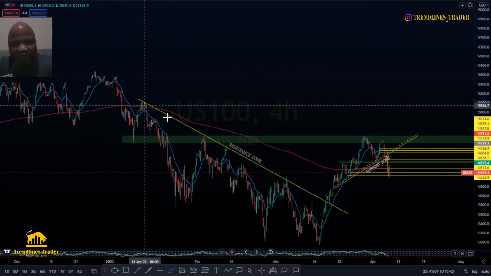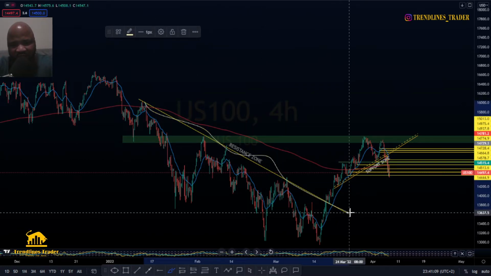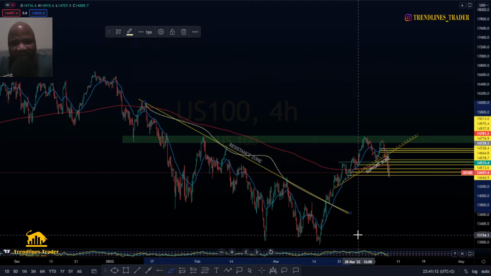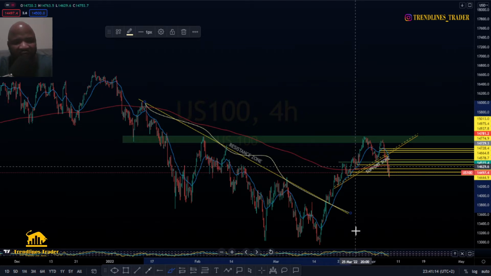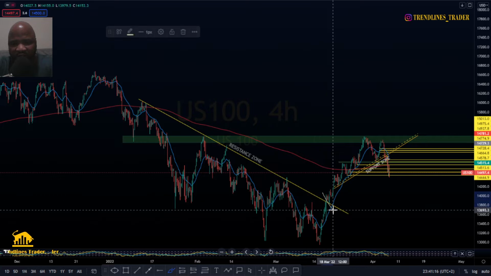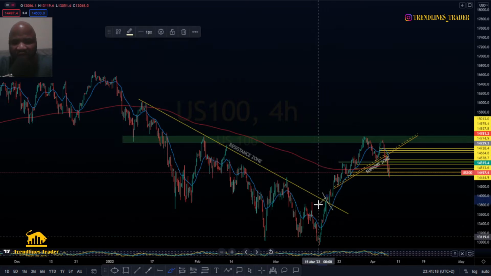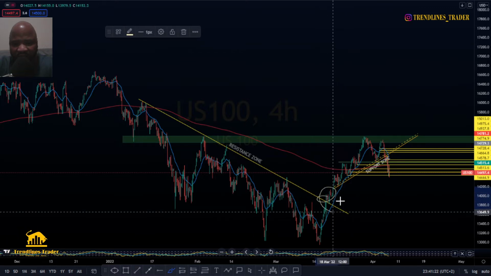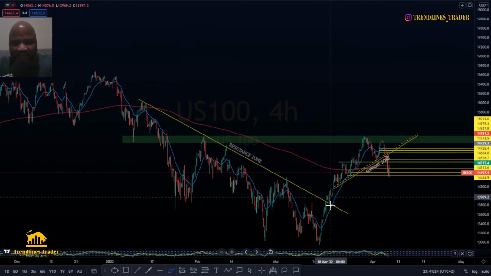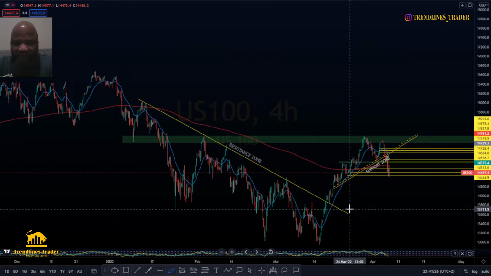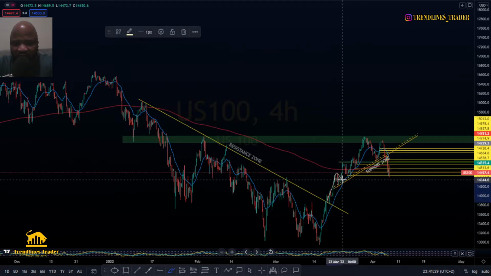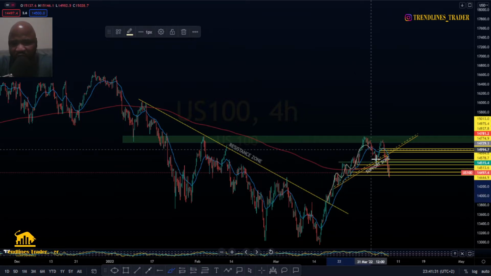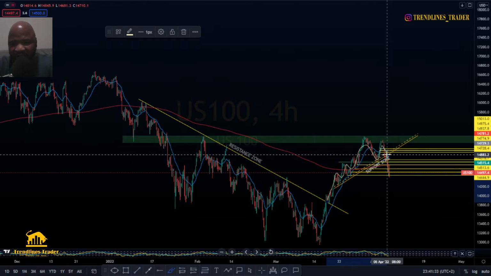As you can see, we had this resistance zone here. The price was respecting the area and we broke out of it. At this level here, that's where we broke out of this trend resistance zone. Yes, it's a bearish trend, and the price gave us this type of structure where we pushed towards the upside.